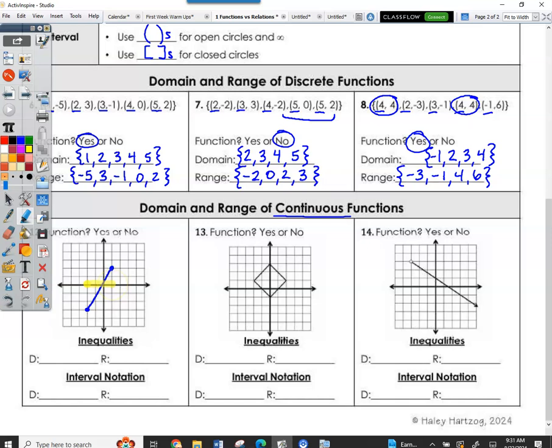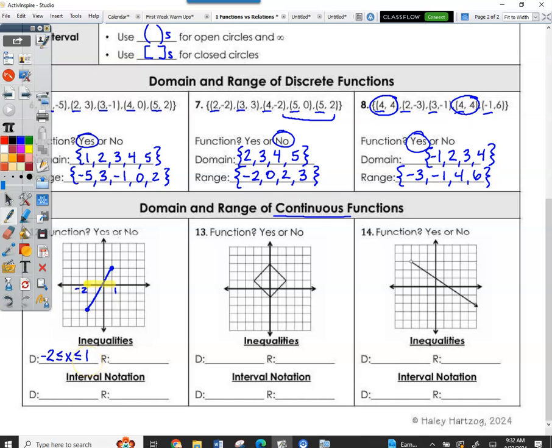All of the points on that line are going to run from -2 to 1 on the x-axis. From -2 to 1. You see that? So the domain would be between -2 and 1.